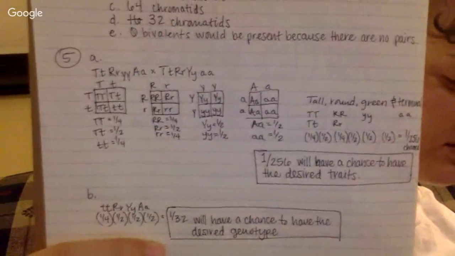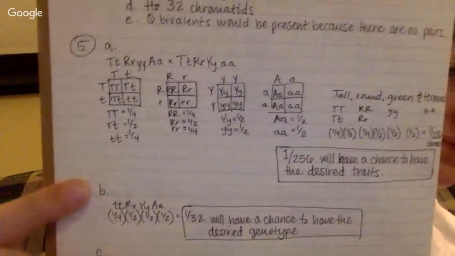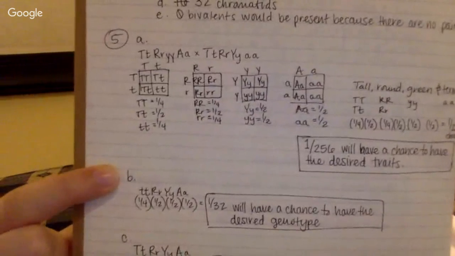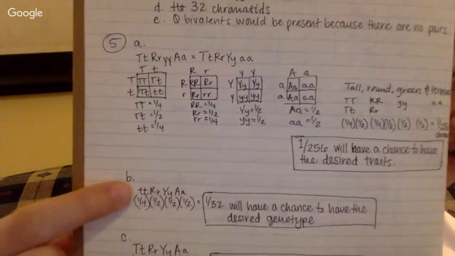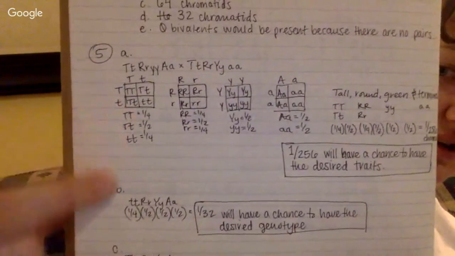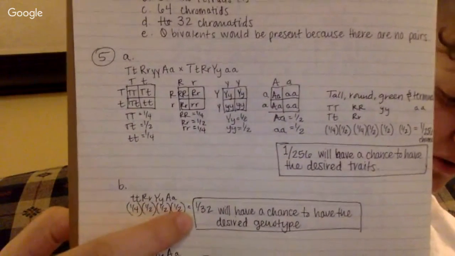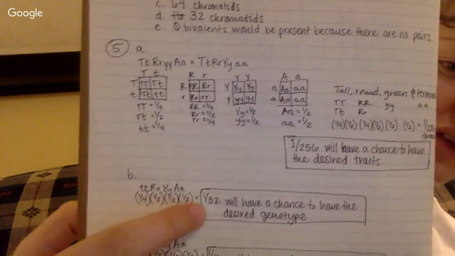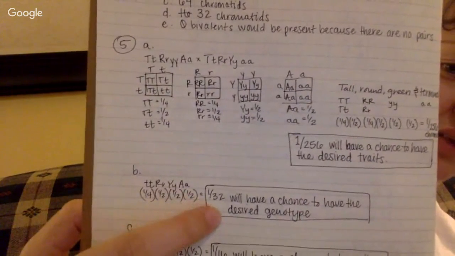So then part B, right here, asks for the offspring plant with this genotype. And so once again, I took all the ratios that are up here, put those down below, and ended up with a 1 in 32 chance that it would be this way.